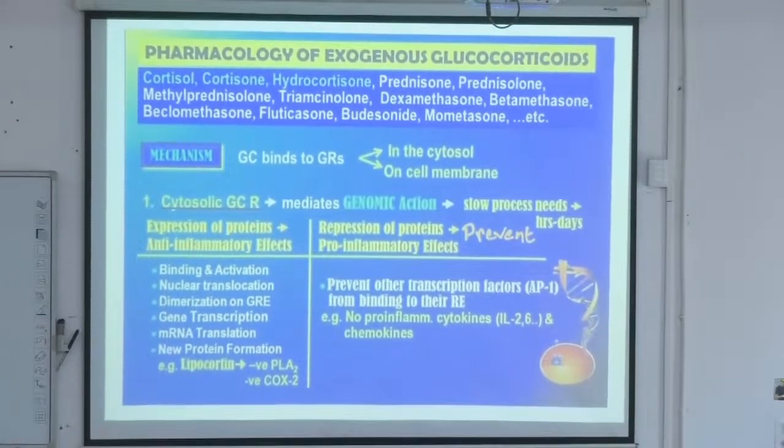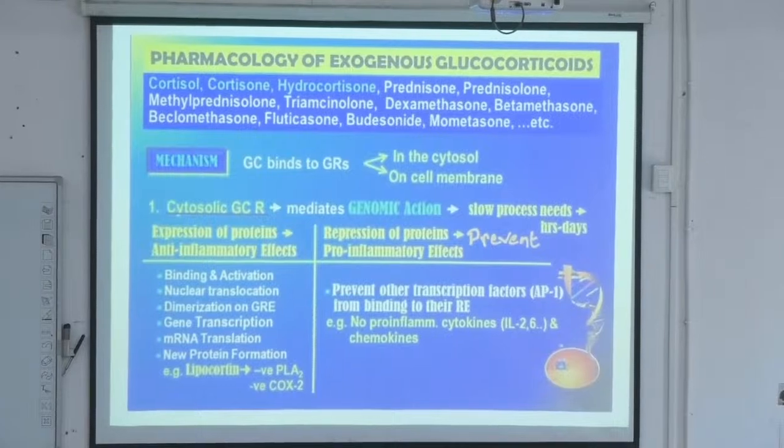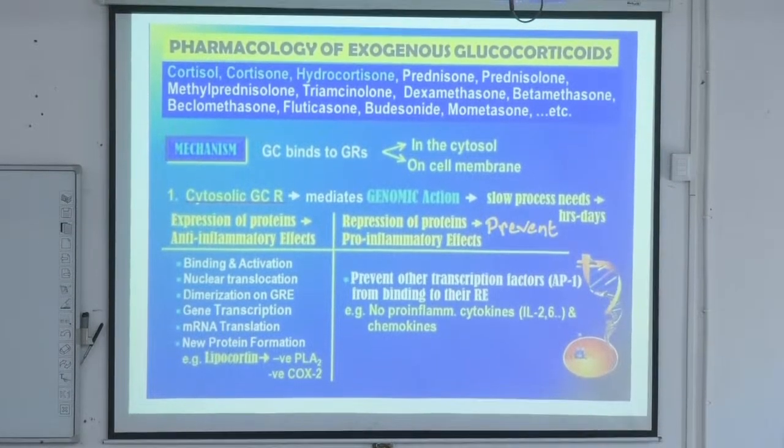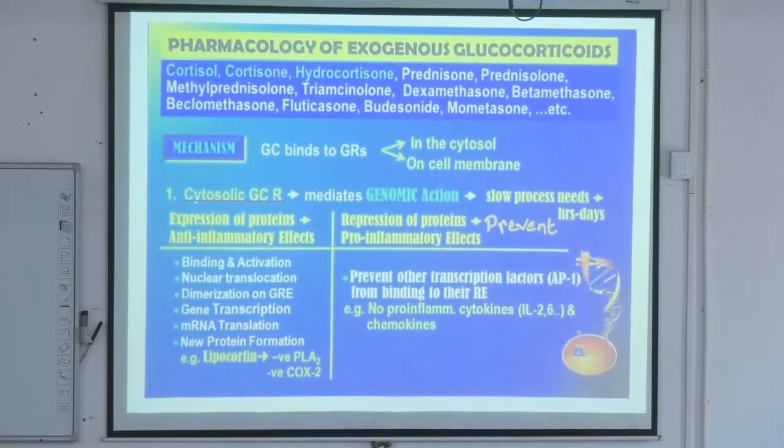Now when glucocorticoids are less in the body, or there may be a situation where the pharmacological functions of glucocorticoids have to be increased from outside more than what the body can produce, in those situations we give glucocorticoids from outside.